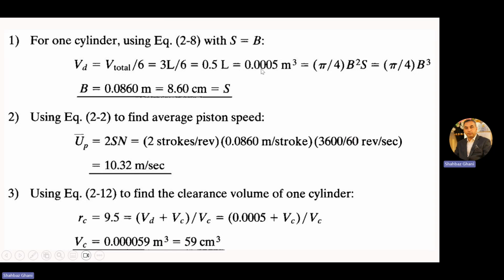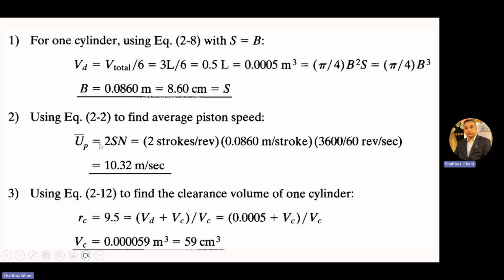Now we find that VD is 0.5 liter, or we can write it 0.0005 meter cube, equal to pi by 4 B square S. No, it's a square engine, so it is pi by 4 B cube. Now we find that the bore value is 0.0860 meter or 8.60 centimeter. So we know that it's a square engine, so stroke has the same length, 8.6 centimeter. Now we have found the first part, the dimensions of the bore and the stroke.